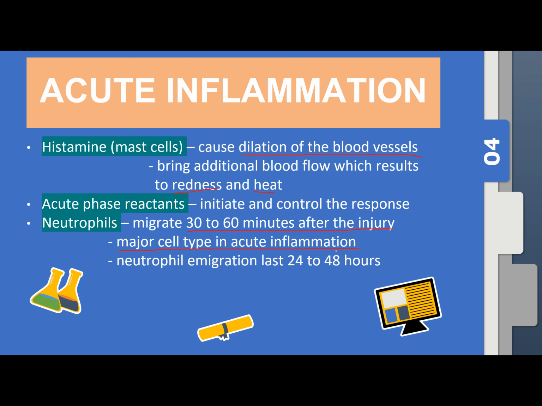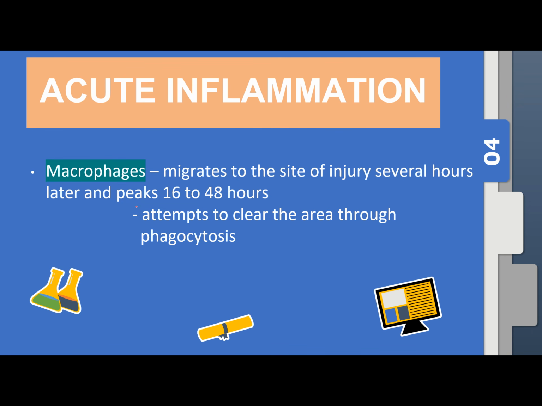Major cell type in acute inflammation. Neutrophil immigration would last 24 to 48 hours. Then macrophages would migrate to the site of injury several hours later and would peak 16 to 48 hours. Attempts to clear the area through phagocytosis.